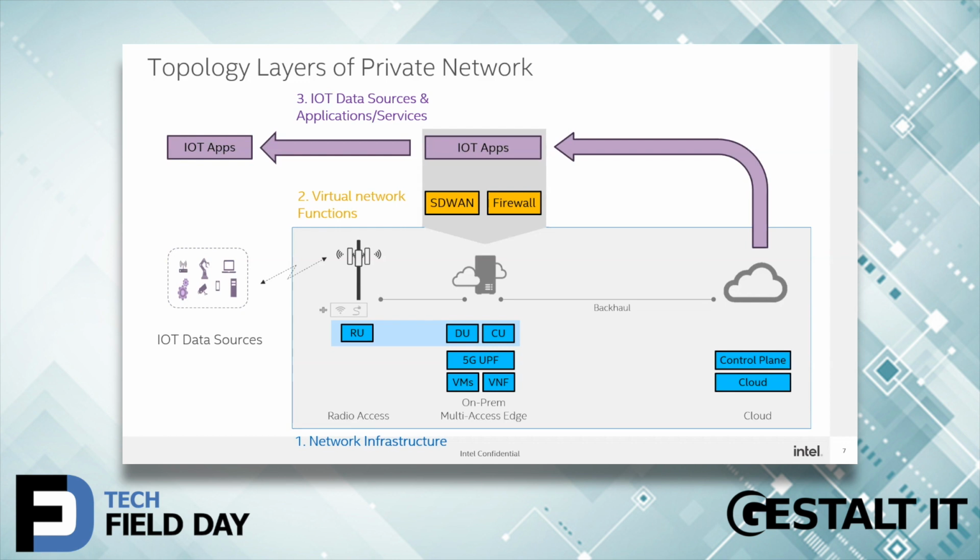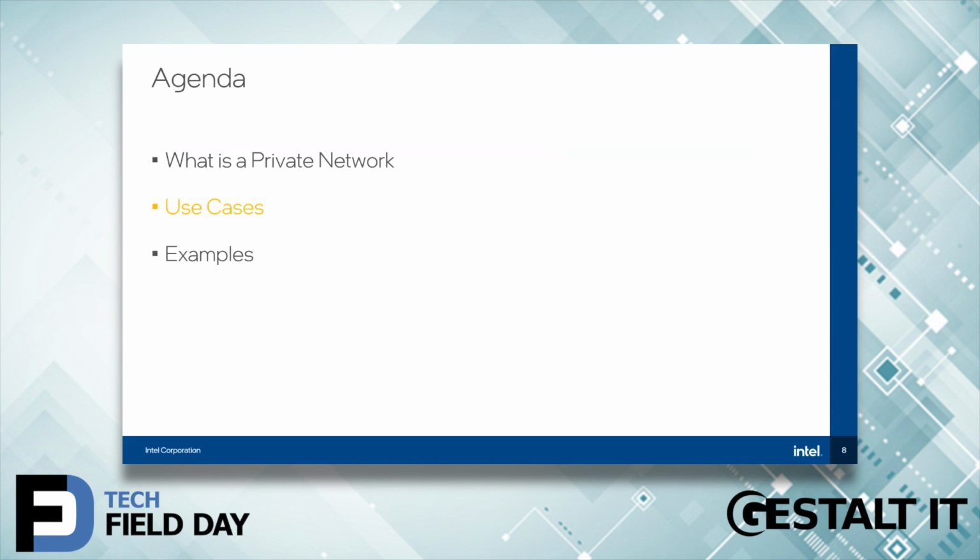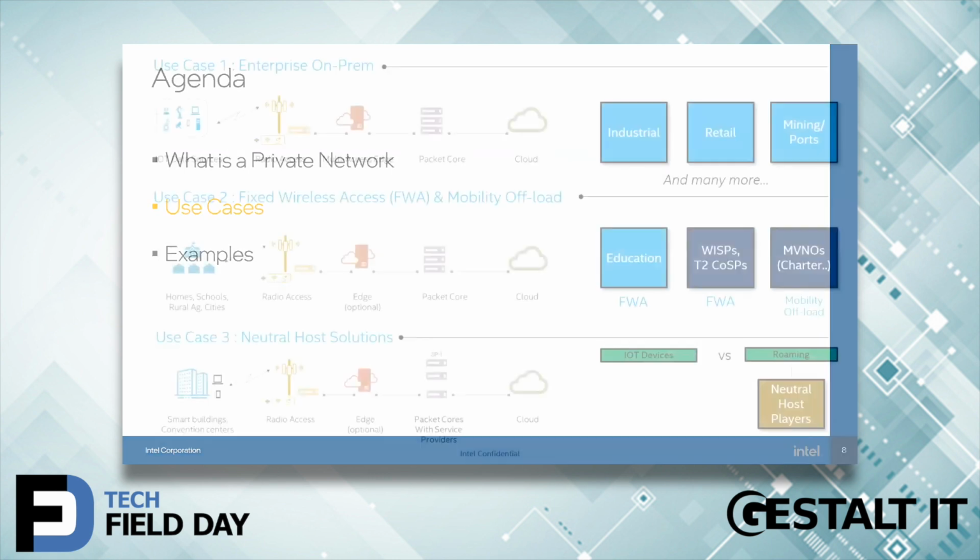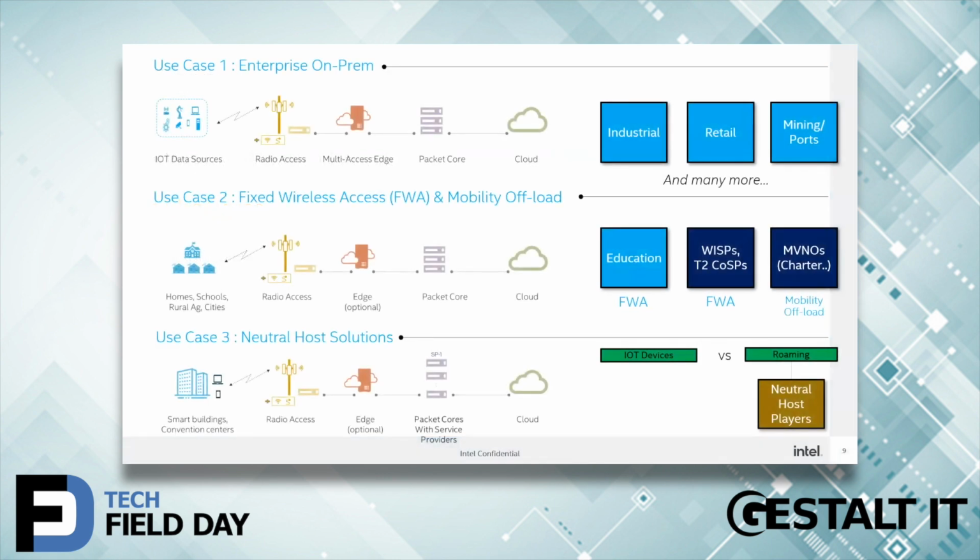Please note that the need for private networks emerges because of IoT use cases that are not able to be solved by wireline infrastructure or Wi-Fi infrastructure. The network infrastructure in this case is a means to solve the problem. So let's talk about the use cases. There are 3 broad categories of use cases.